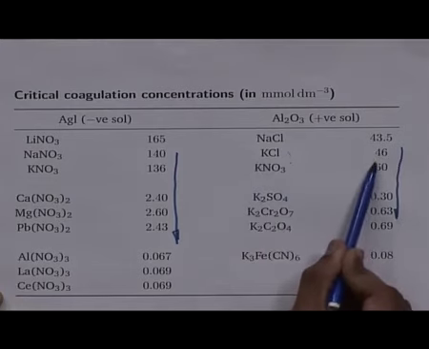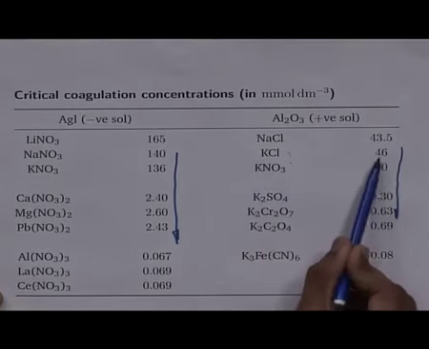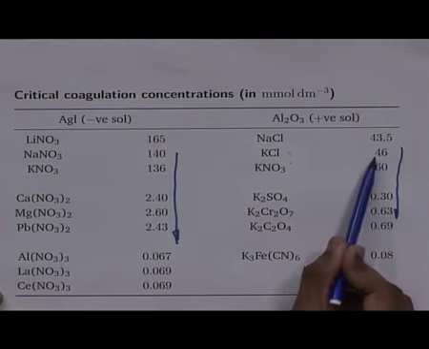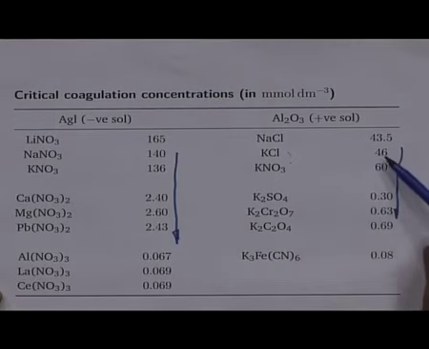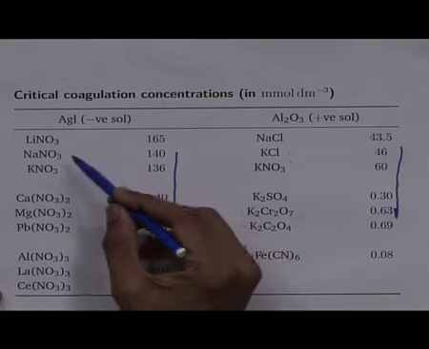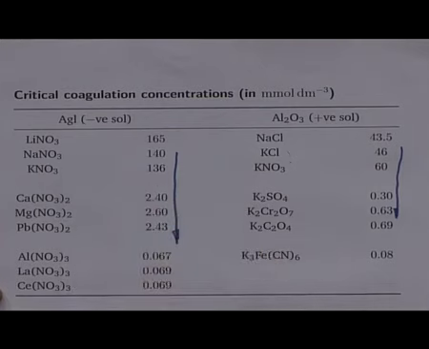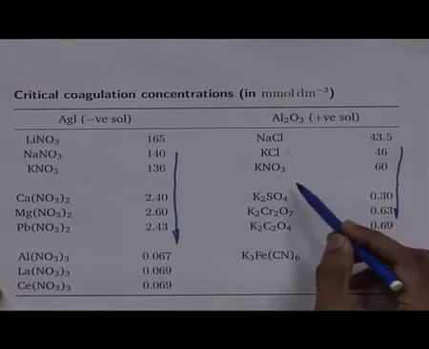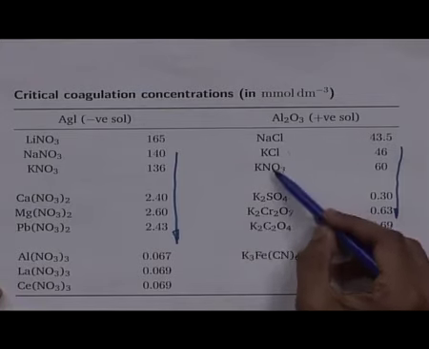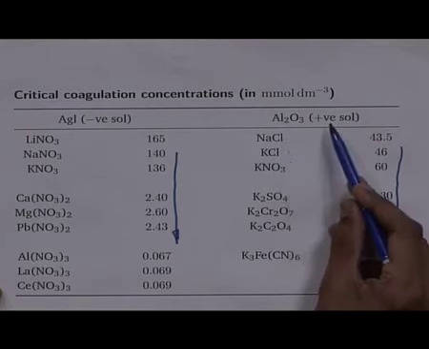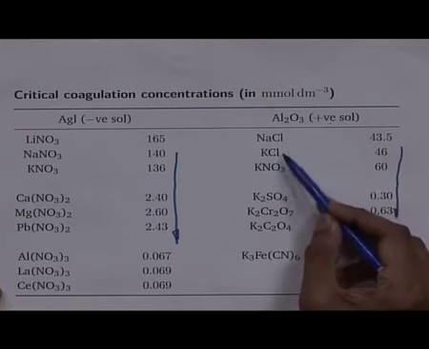Ignore these small differences, these are not significant. There are differences and that is natural, but those are details that we are not worried about. Look at when you went from the singly charged to this and from here to here, that is a significant difference. So, what we are saying is, as the charge on the ion increases, the concentration needed decreases.